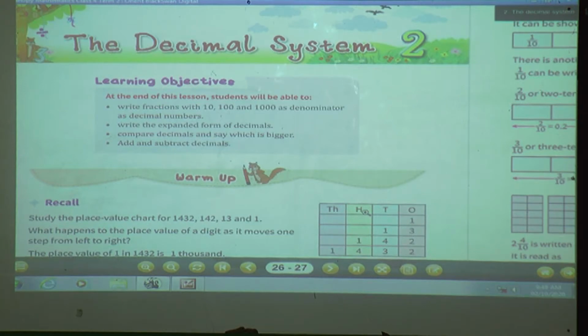So today we are going to study the same. A decimal is a fraction written in a special form. The word decimal comes from the Latin word decimus, meaning tenth, T-E-N-T-H. Okay. So we will study it step by step.